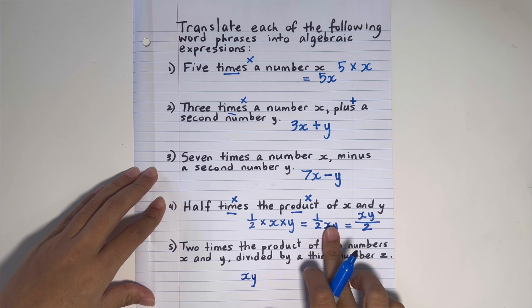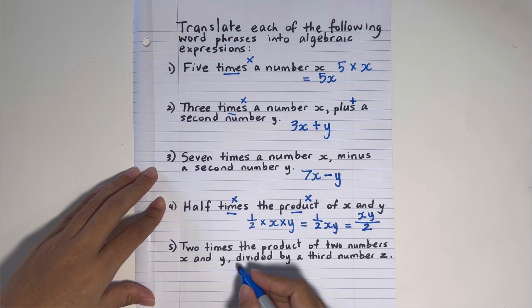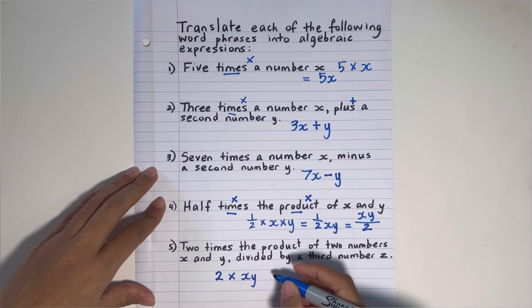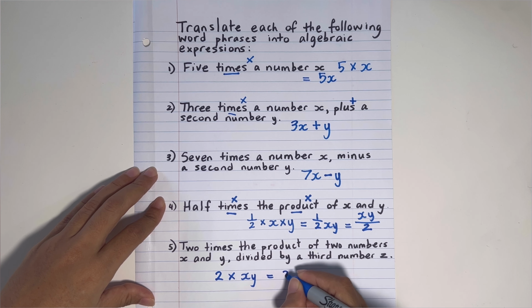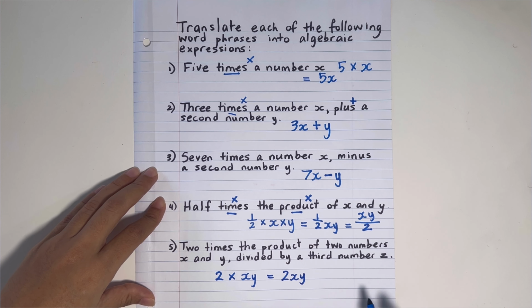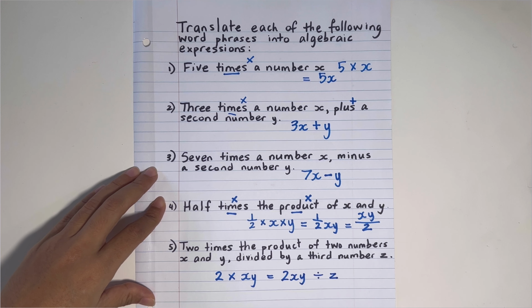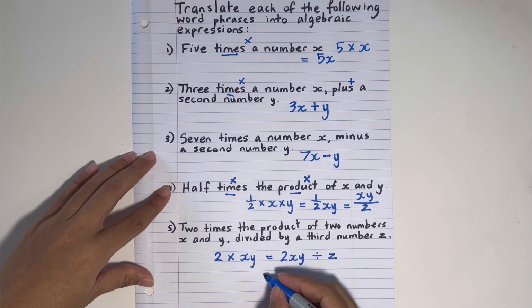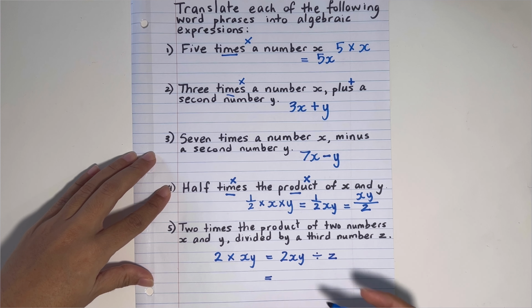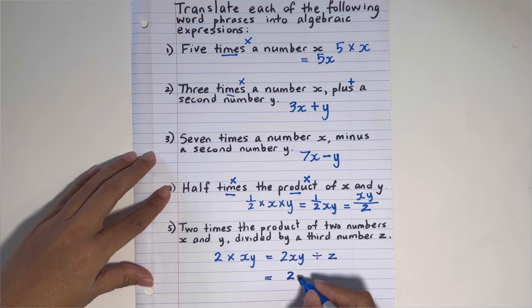We learned that up here. 2 times that would be 2 multiplied by xy, which will give me 2xy. And then it says divided by a third number, z. So that's this, right? However, in algebra, for division, we write it as a fraction. So 2xy divided by z would be written as 2xy over z.